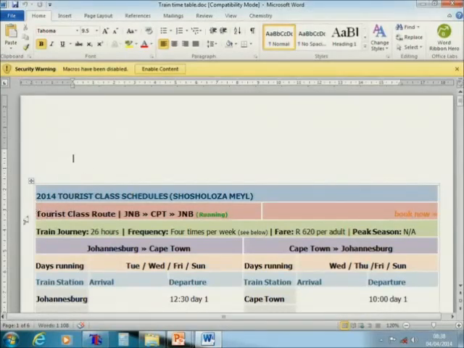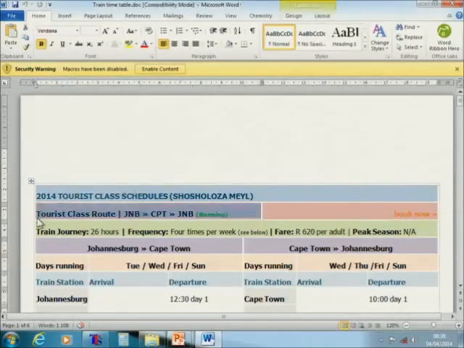What is the route? The second row. The route will be from Johannesburg to Cape Town and back to Johannesburg. In other words, this timetable has a return schedule. When you use this timetable, you have to be sure that you are buying a return ticket, not a single ticket.